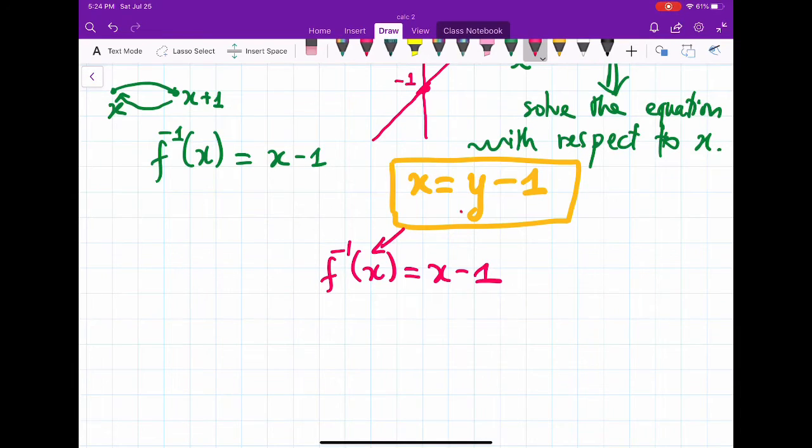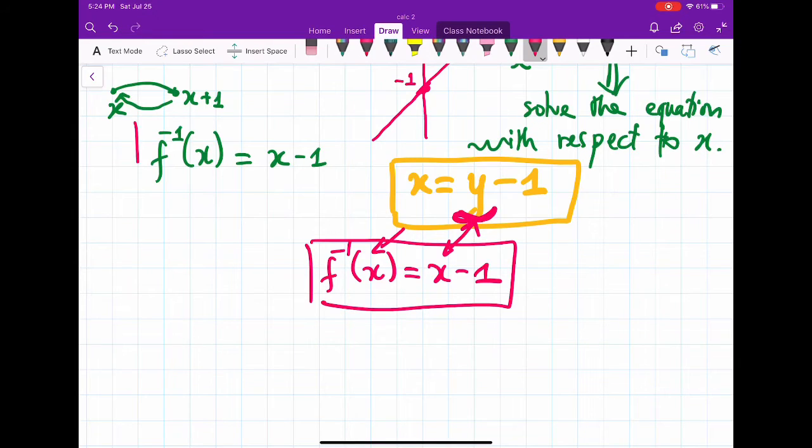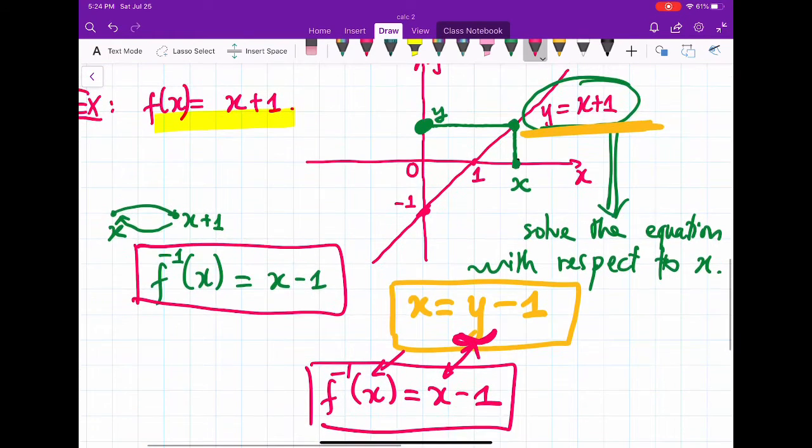You see, I just replaced the y with the x. So I got this, and if you compare this result with the previous result, they should be the same. So the inverse of addition is subtraction, right? Based on that, you have this formula.